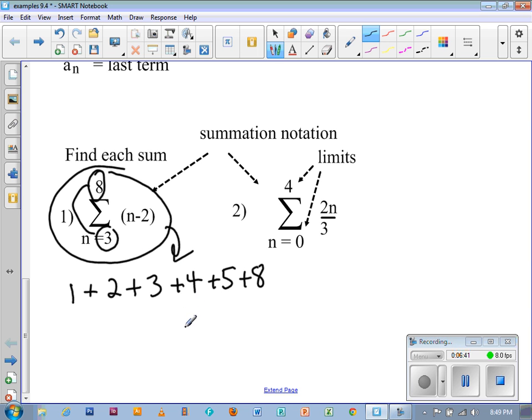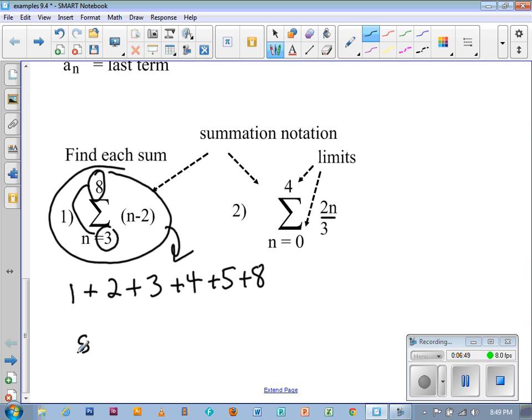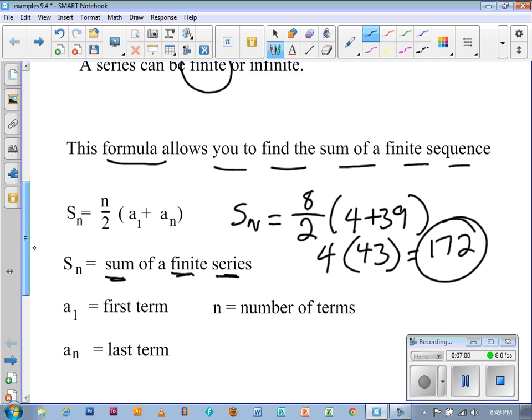Then if you have to, you can use the formula to find the sum, the summation of this series. Up here, we'll use this formula, the number of terms. So S of n equals the number of terms, 1, 2, 3, 4, 5, 6, divided by, it says up here, n divided by 2.